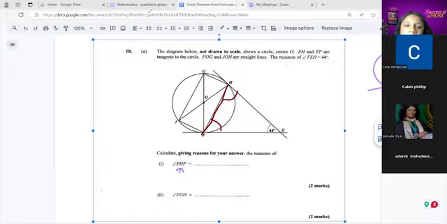Why? Because normally when you have tangents, what did they say here of tangents in a circle? Tangents meeting at the same point, their lengths are normally the same, like how an equilateral triangle has two equal sides.